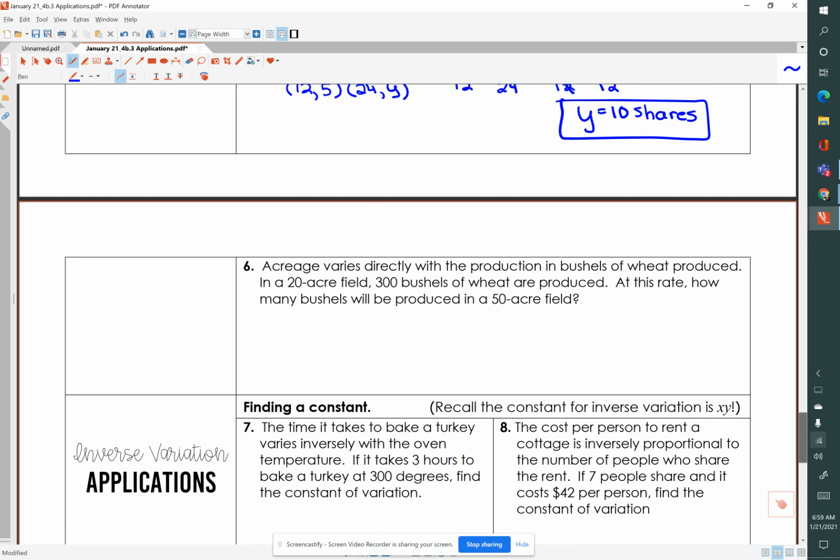Let's go on to number 6. So an average acres. So it's a way to say more than 1 acre. Acreage varies directly, so that's one of our things, with the production of bushels of wheat. So let's simplify this to bushels.